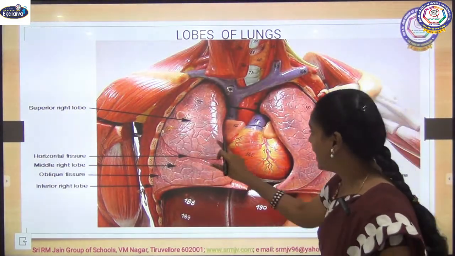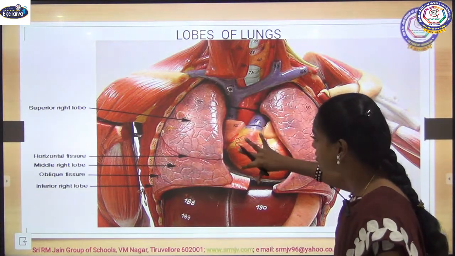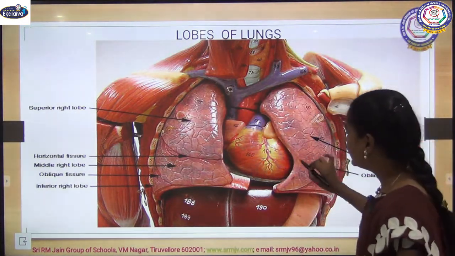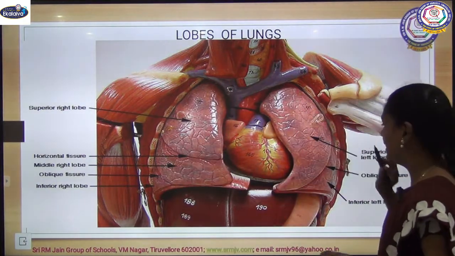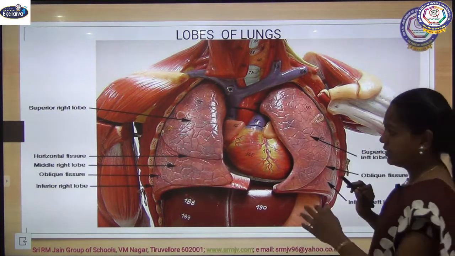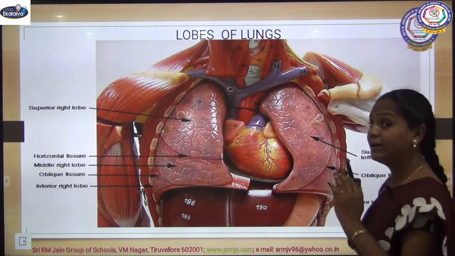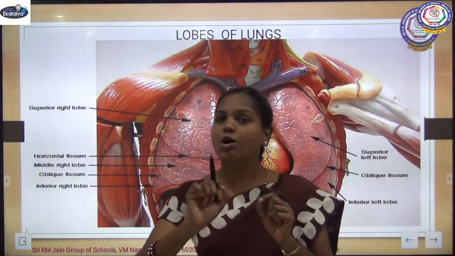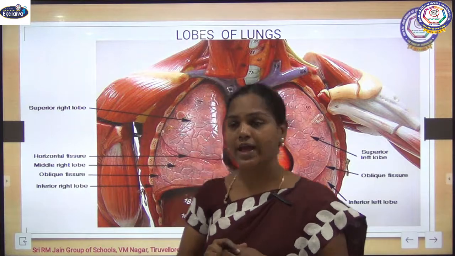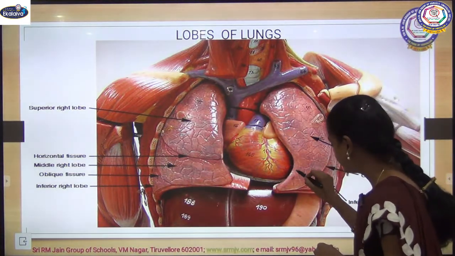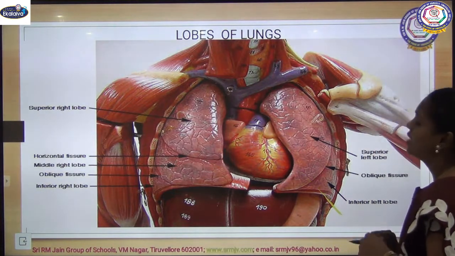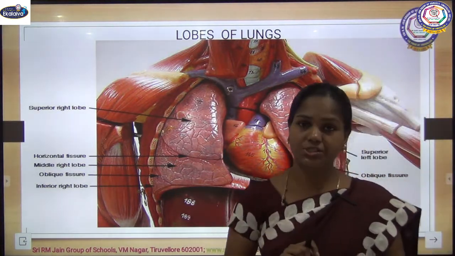You can see the pair of lungs and this space is our mediastinum. This is our right lung and this is our left lung. The left lung is somewhat smaller than the right lung, and here it has some concavity, this place we call the cardiac notch.